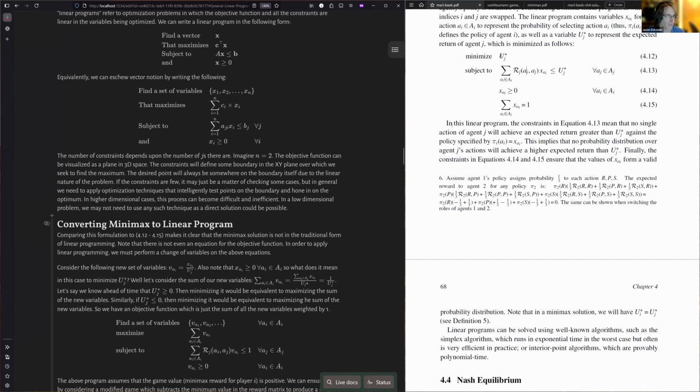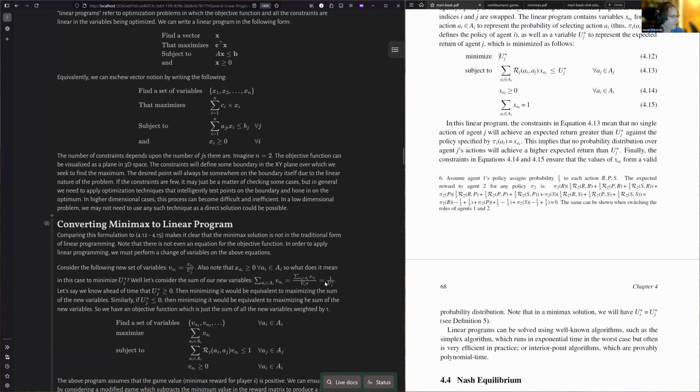We're going to refer to this uj star as the game value. The game value is just the reward that the first player gets under the Minimax solution. And the sum of v is the inverse of that.